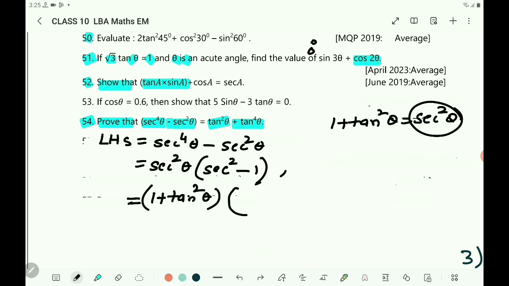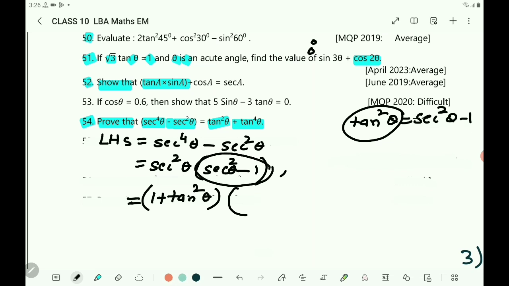Then here secant square theta minus 1. To transfer 1 to the RHS, then what you are going to get? It becomes secant square theta minus 1. Tan square theta is equal to secant square theta minus 1.